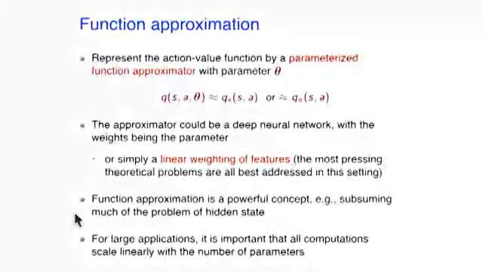I like that because I used to have two problems, one was function approximation, one was hidden state, and now I only have one problem, function approximation. Another comment is that if we really want to scale to large problems, our computation has to scale linearly with the number of parameters. This is what a deep network does, but many systems considered in theory will assume you can have computation the square of the number of parameters, and we're going to try to avoid that.